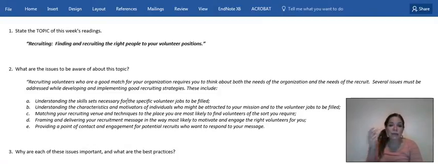Fourth is framing and delivering your message. In other words, let's say you were looking for, I don't know, let's say you were back at Big Brothers Big Sisters. You're looking for people to do that. The way you might frame that is, if you enjoy working with children and want to make a real difference in the life of a child that needs some additional adult interaction, this is going to be a great job for you.